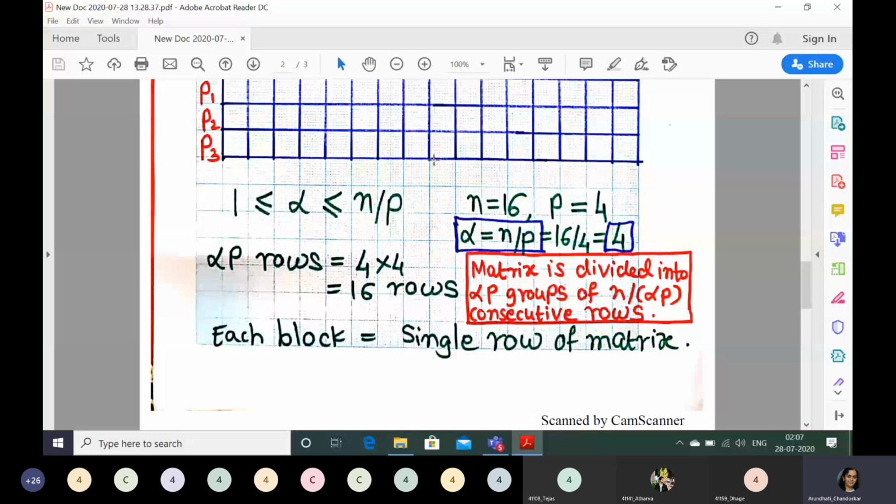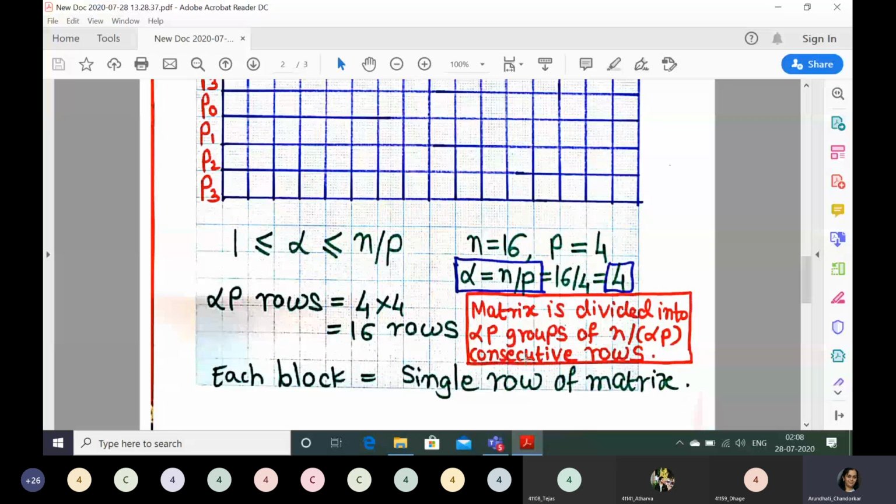Same division, only the alpha is changing, is it not? So upper bound. So this is your one dimensional cyclic. Just see one group block. How much? Block size is 1 row. So how many groups? Alpha p groups. So 16 groups, is it? 16 groups. Each group corresponds to 1 row.